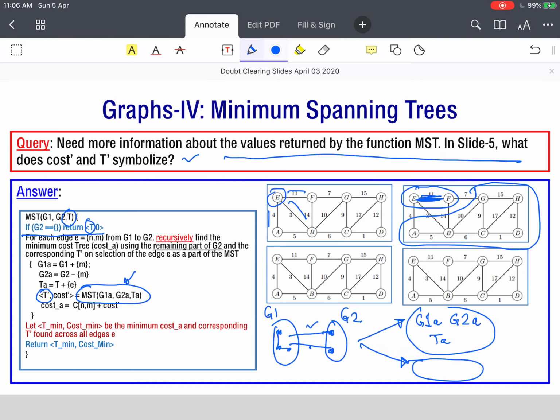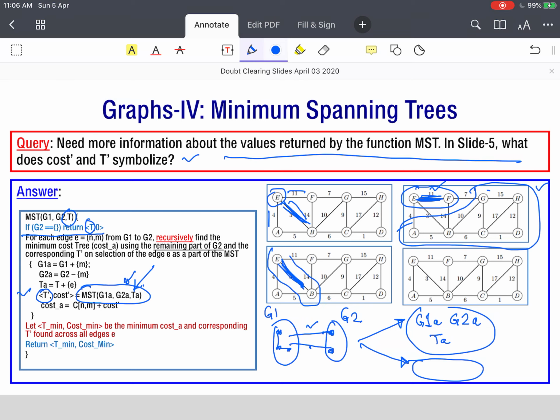So now, as in G2, we have already sent this edge, and after the recursion, all the minimum spanning tree that is chosen out of the recursion coming of this plus this edge which has been sent here, because we are sending that edge TA back here, will come back as T dashed.